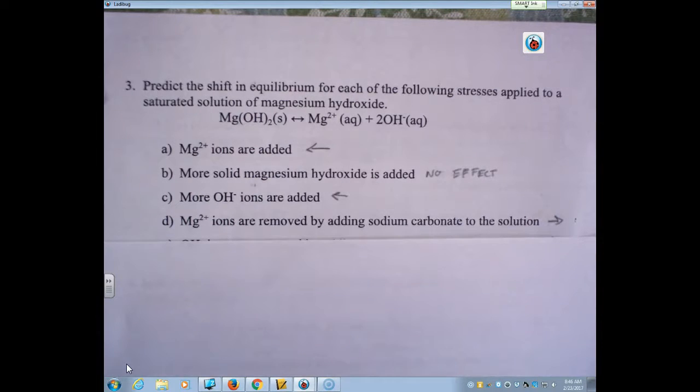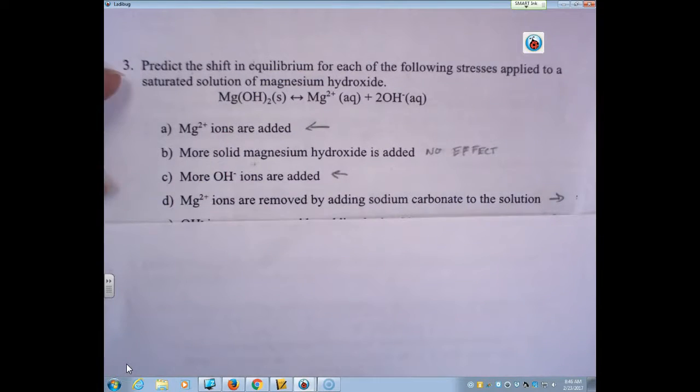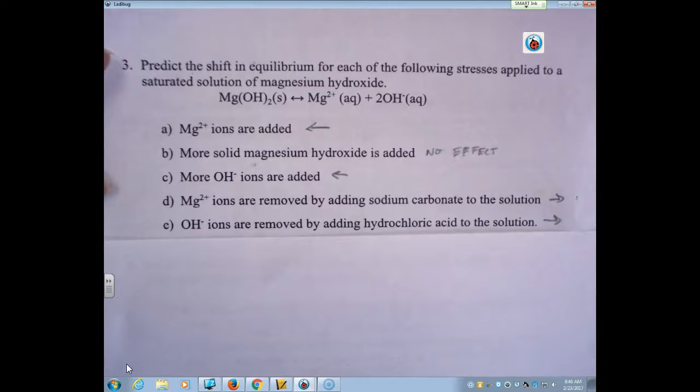The carbonate is going to combine with the magnesium to form an insoluble compound. Hydroxide ions are removed by adding hydrochloric acid to the solution, because the hydrochloric acid would neutralize the base, therefore removing it and forcing the reaction in the forward direction.